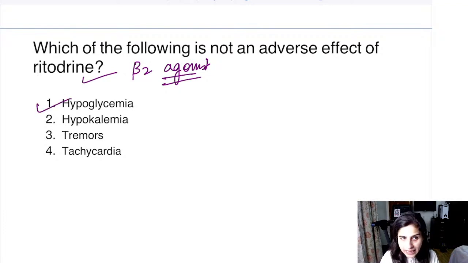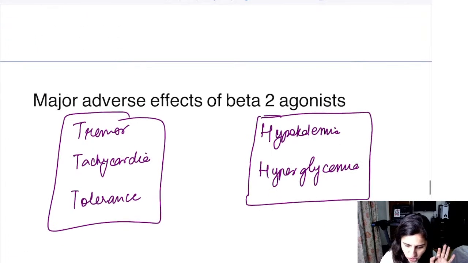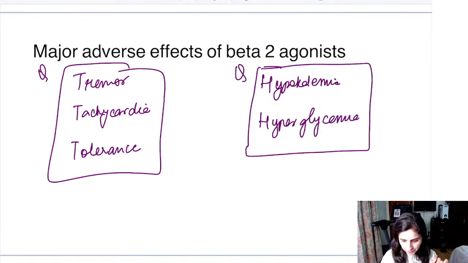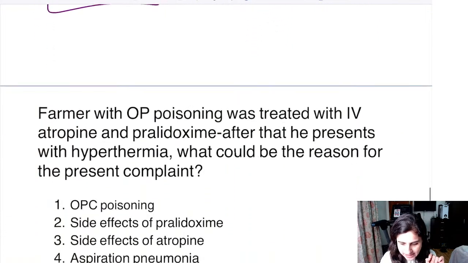It is hyperglycemia and not hypoglycemia. Okay? So this is the important question about beta 2 agonists. You should know this one. Right? This is important.